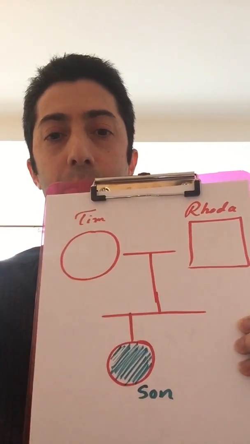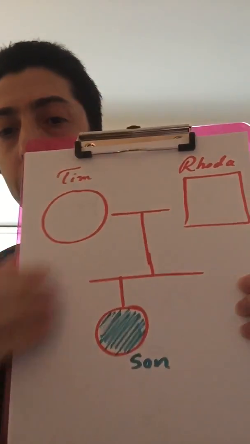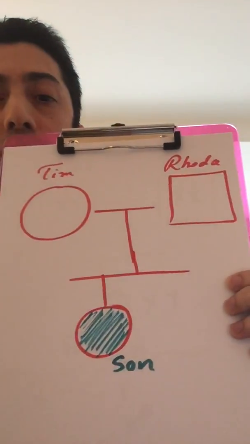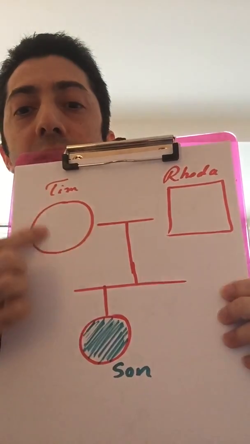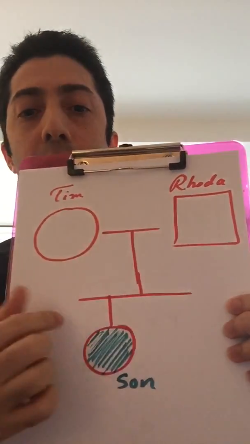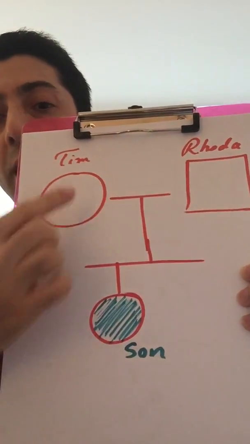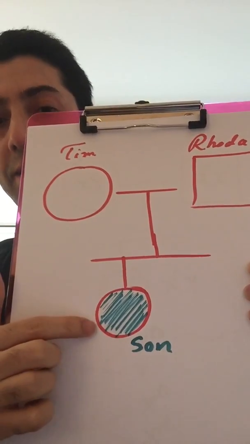I made the pedigree for that. Well, you don't have to, but to show it better and give you an idea how it's going to work. Tim is a circle as male and Rhoda is a square as female. It says Tim and Rhoda do not have the problem, but the son has it.